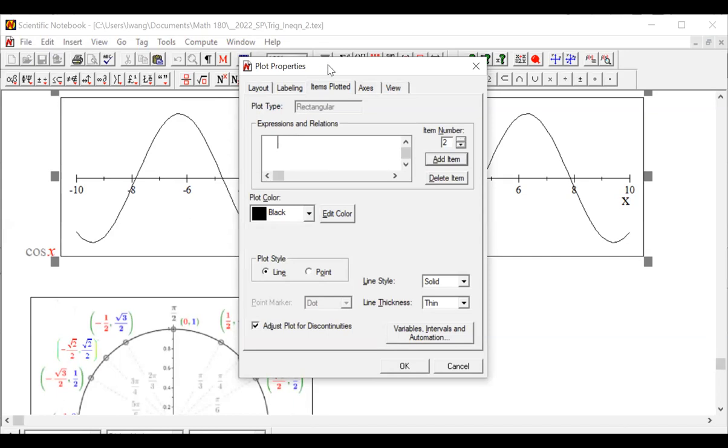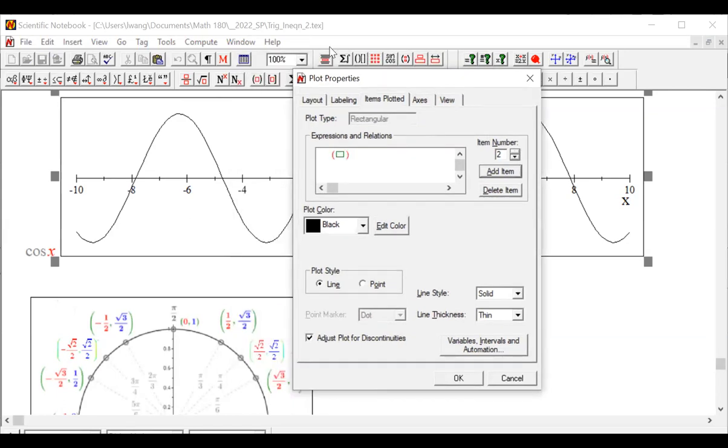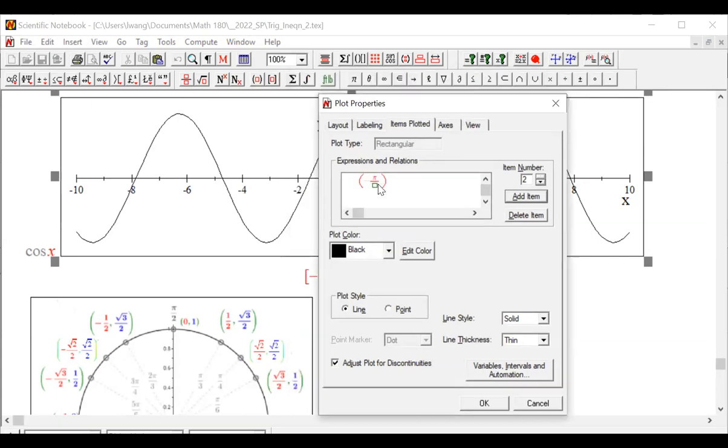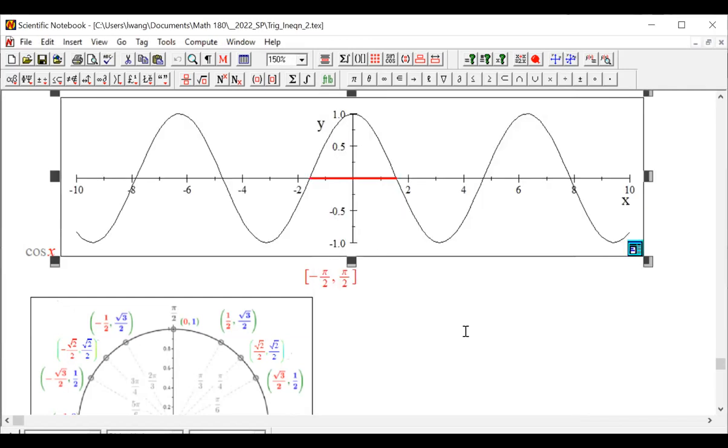Okay, so I'm going to mark that interval, negative π/2 to π/2. I'm going to use red to mark that piece, including the endpoints.